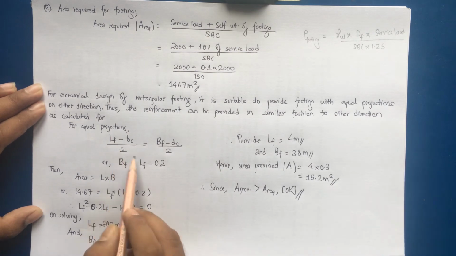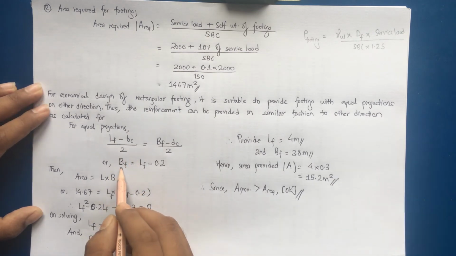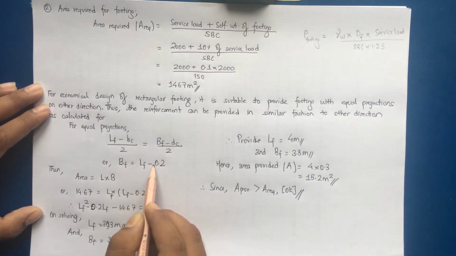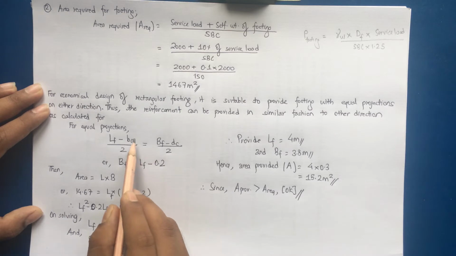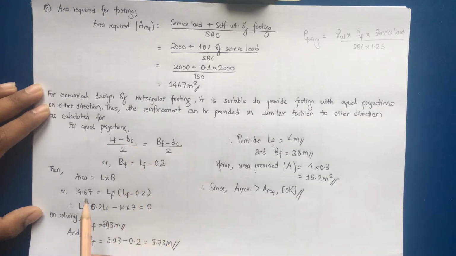Now let us cross multiply and we will get BF is equal to LF minus 0.2, where 0.2 is the difference between the dimensions of the column, that is the width and depth of the column.